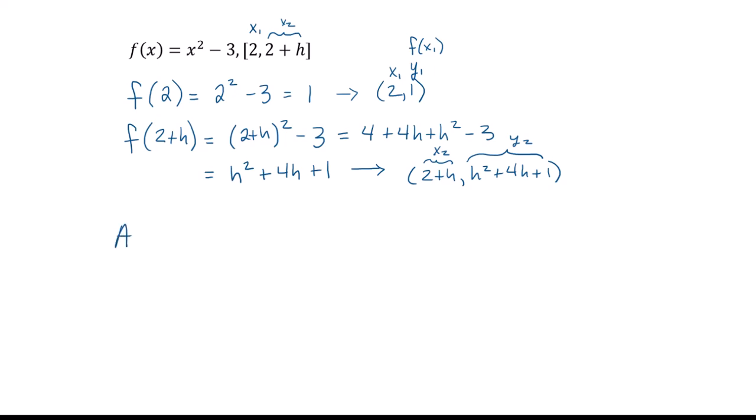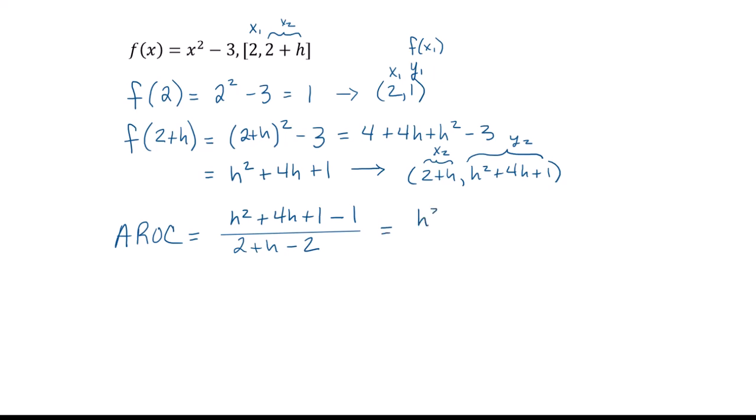Then we'll find the average rate of change, or the slope of the line between those 2 points. We have h squared plus 4h plus 1 minus 1, all over 2 plus h minus 2.